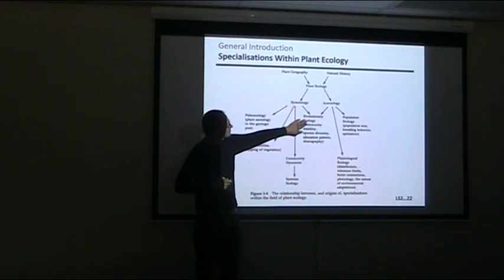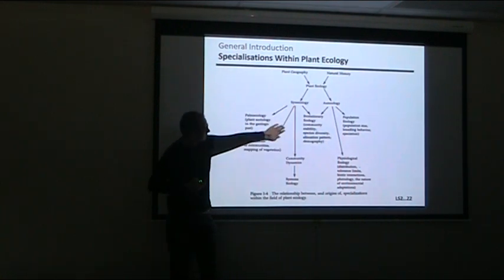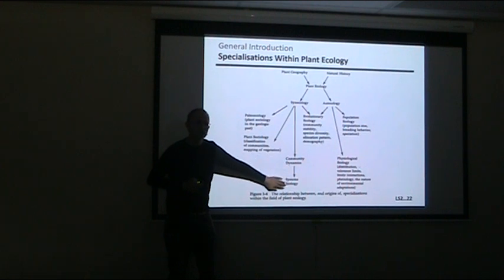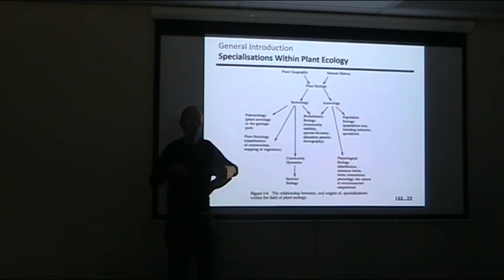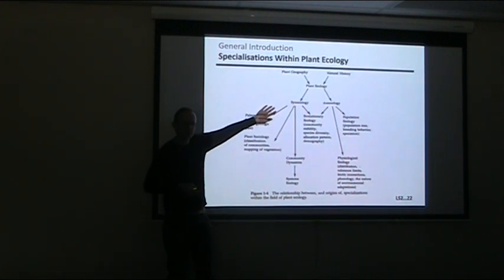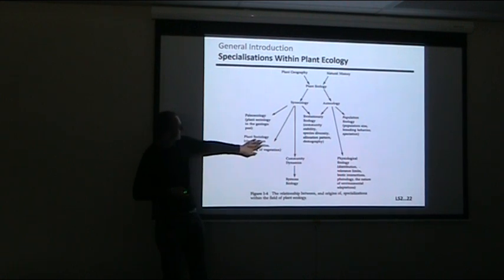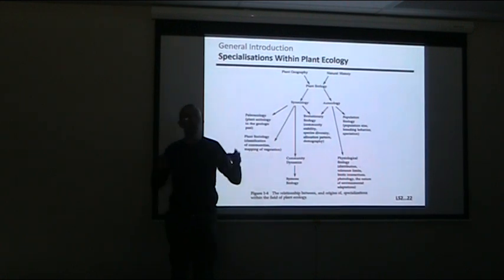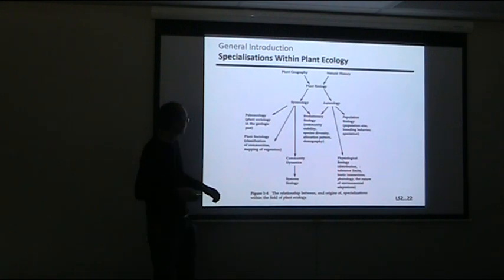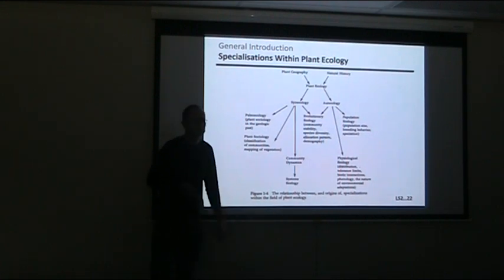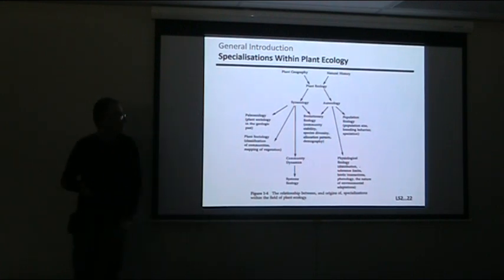Synecology, community, also works at evolution, but looks at community dynamics and your ecosystem approach. Plant sociology is the classification of vegetation types, and also paleoecology.